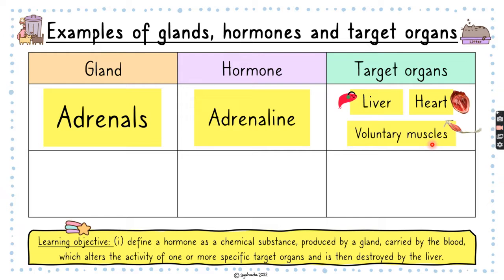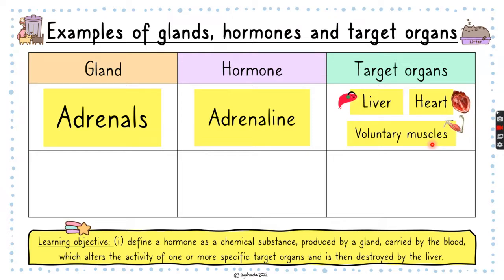Voluntary muscles are muscles that you can move voluntarily. Voluntary means that you want to do it and you tell them to do it and they will do it. This includes your arm muscles, your leg muscles, and I would say even the muscles that control your eyes when you blink.